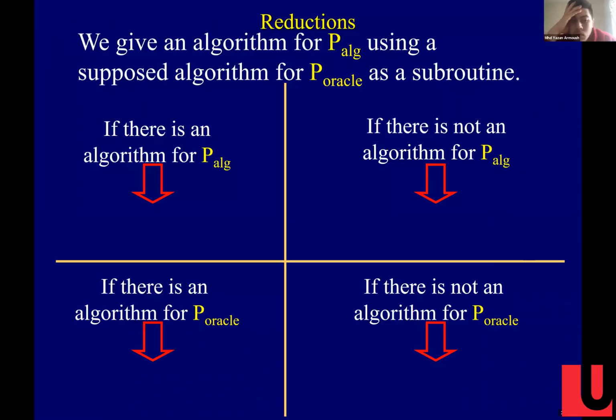Right? So what do we know? Well, we give an algorithm for the algorithm problem using an algorithm for the oracle problem. And here are some various cases. What happens if it turns out that there is an algorithm for the oracle problem? What do we learn?